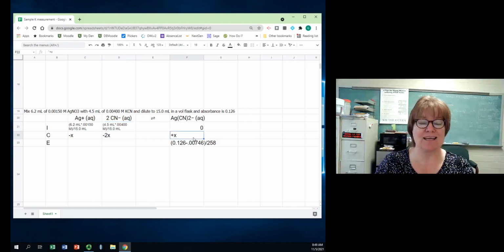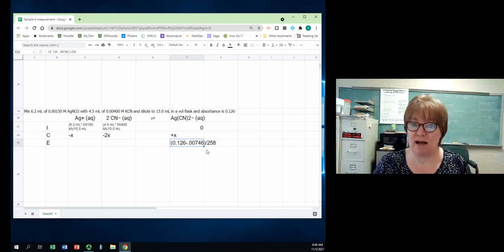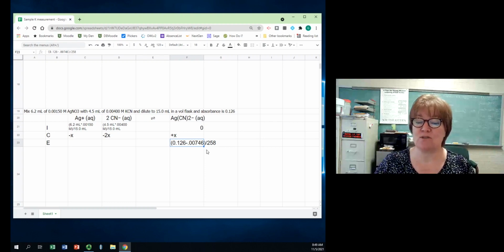Also, I know the equilibrium concentration of the silver cyanide ion from the absorbance. So I can use that spectroscopy, the 0.126 absorbance minus the 0.00746, that was the y-intercept, and then I divide it by the slope, that 258, so I'm solving for that concentration.